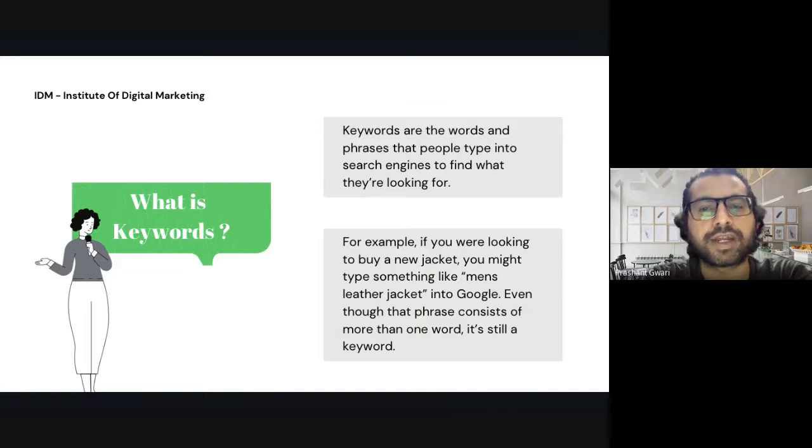So a keyword can consist of a single word, and it can also consist of more than 7, 8, 10, 12 words. It's all about what people are searching or typing on search engines. So in digital marketing, we call them keywords.